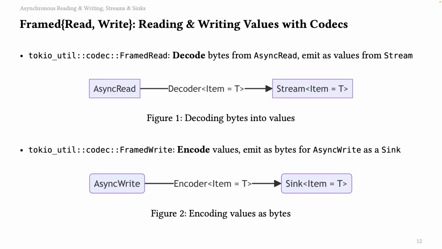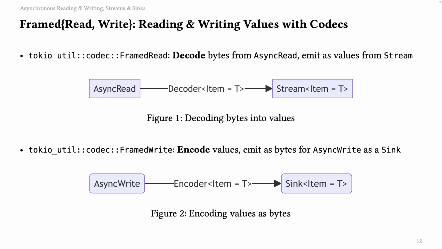This bridging, these are the last types, I promise, is implemented using framed read and framed write, also from the Tokio util crate. They both take 2 arguments in the construction. One is the I/O source, so this one will take the read half, and this one will take the write half. You give this one the decoder, you give this one the encoder.